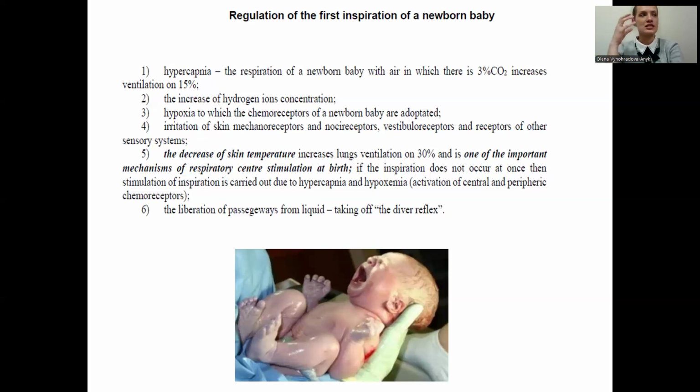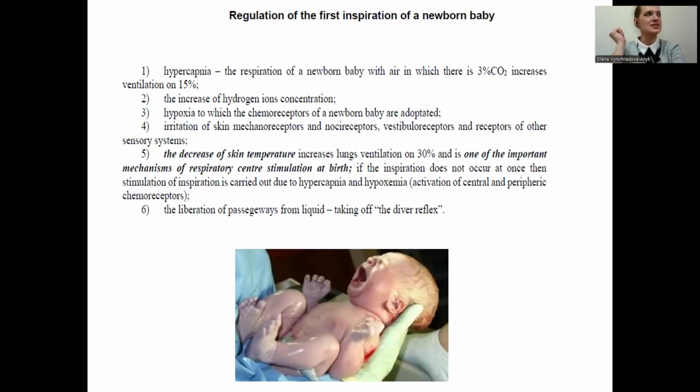These are some special receptors which combine features of tactile receptors and maybe a little bit of baroreceptors and a little bit of thermoreceptors at the same time, because they should make a reaction to water. For water, we don't have any receptors in our body. And this diver reflex is created from diver receptors. Diver receptors are located under our nose, in this area, and inside our nose.